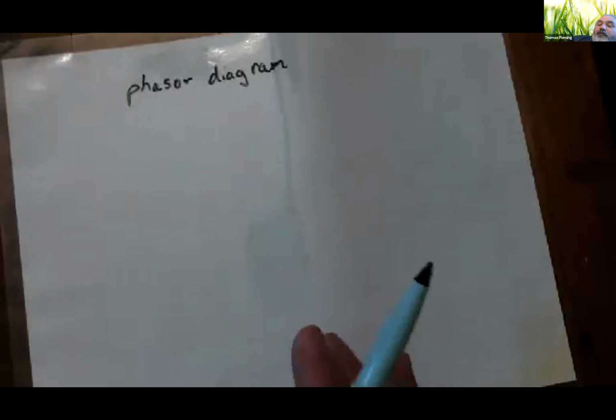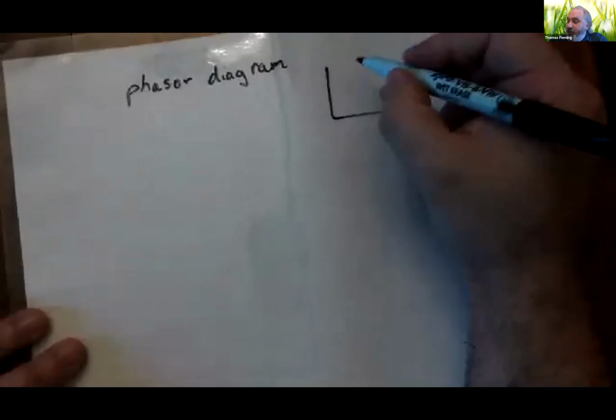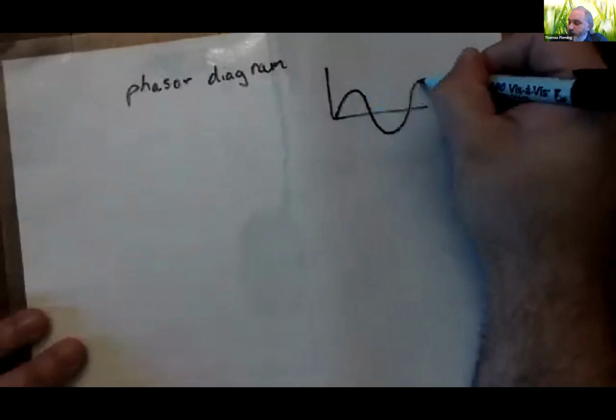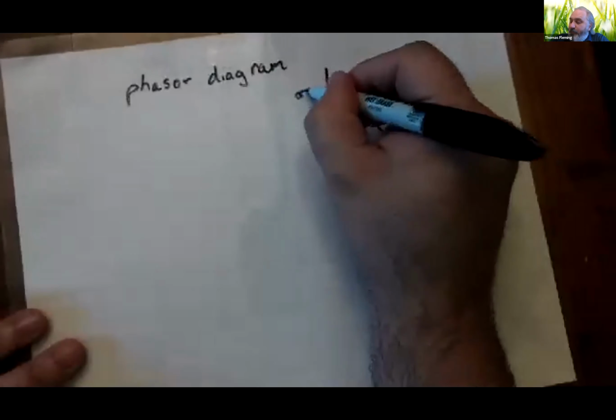And the idea is that we're going to represent whatever it is we're talking about with an arrow, much like a vector. And the length of that arrow is going to scale to the maximum of whatever it is we're talking about. So if I was using a phasor diagram to describe the current in an AC circuit, and I knew that that current looked like this, for instance, where at its maximum, the current was, let's say, 5 amps.